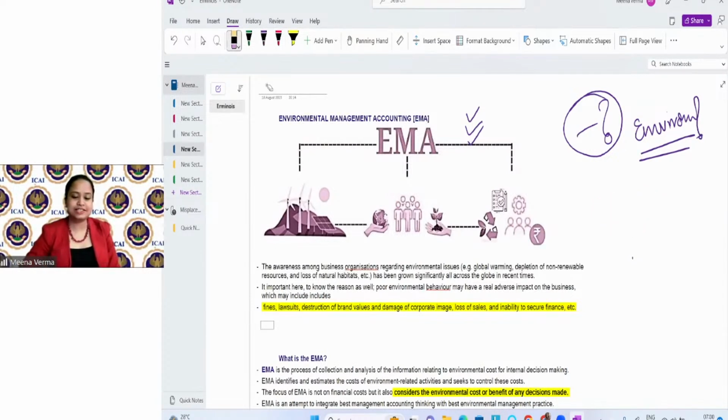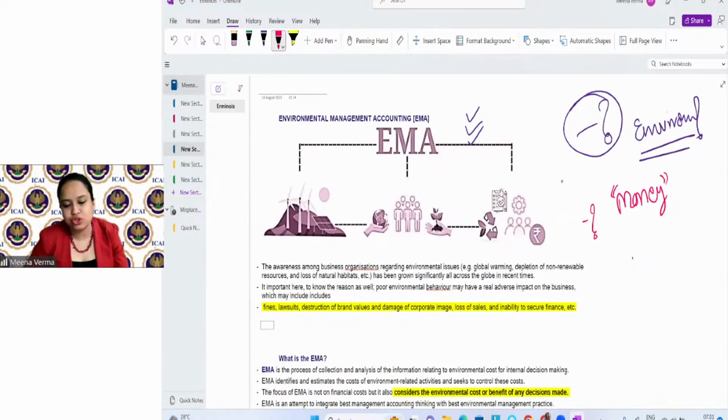Every organization is engaged in earning money, in making money. So the question is, is it important to consider how the business is impacting the environment? What is the impact of the business organization and their activity on the environment? Is it important to consider?